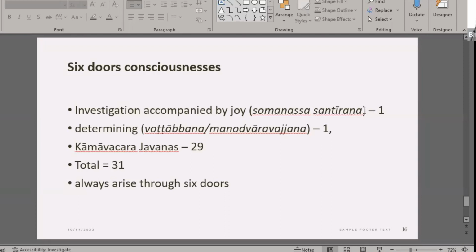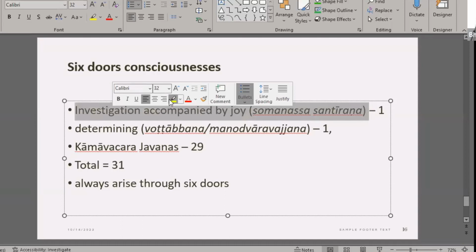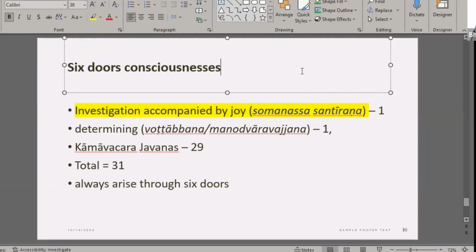Pay attention to Somanassa Santirana. Why do we take this Somanassa Santirana? It is not a Bhavanga Chitta, and it is not a Patisandhi Chitta. Can you remember the Patisandhi, the 19 Patisandhi Chittas?